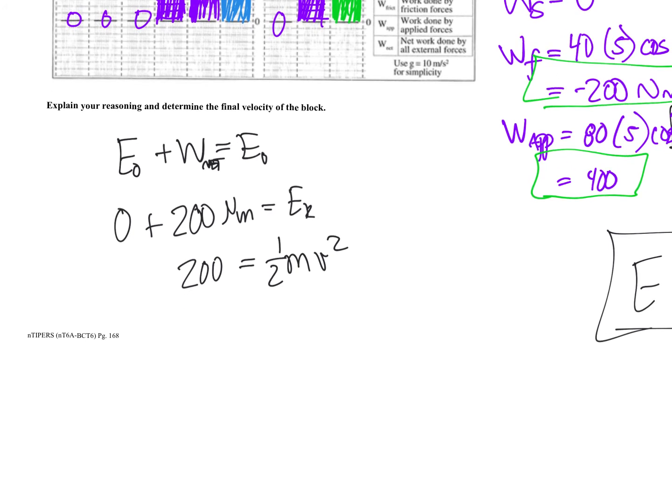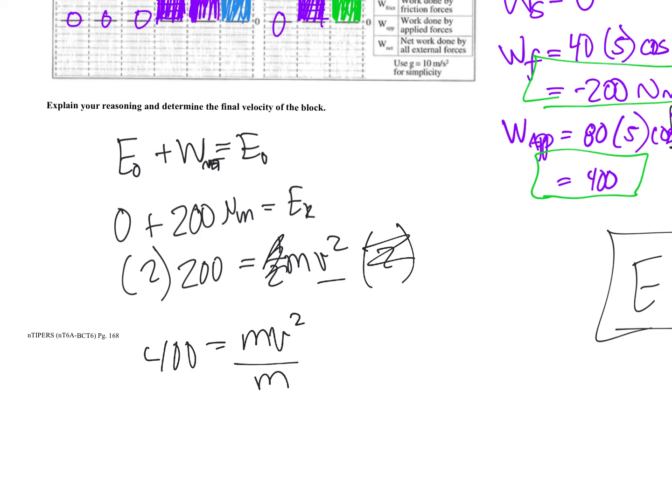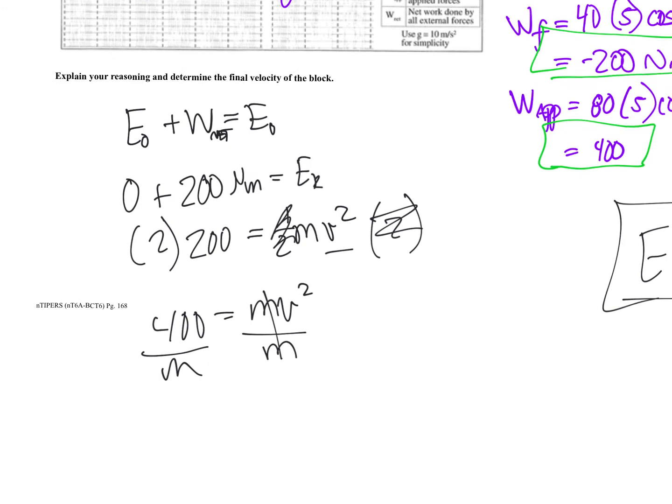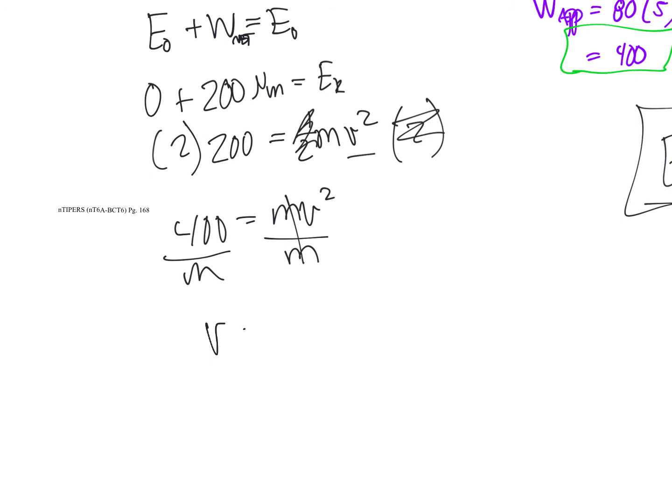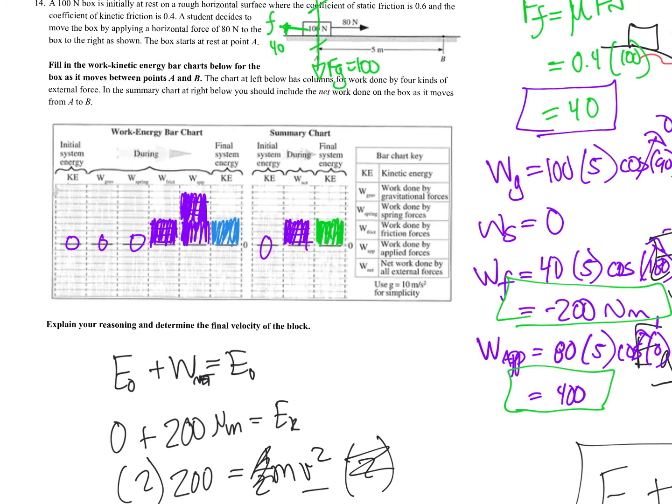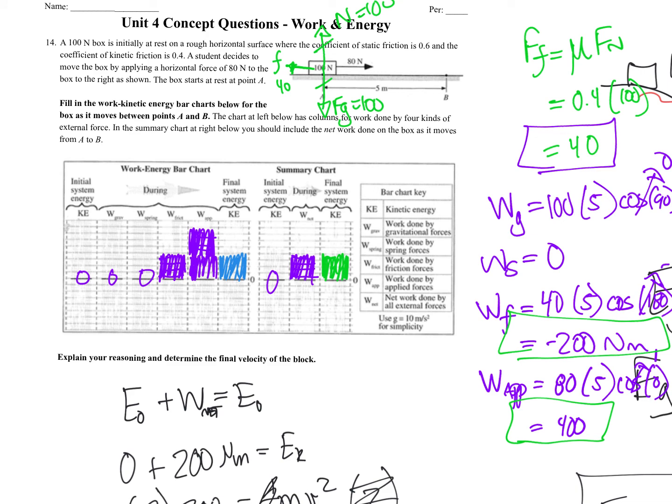I'm going to solve for v first, so I'm going to multiply each side by 2. It's going to get rid of my 1/2, and I get 400 equals mv squared. I'm then going to divide by m on both sides, and I get velocity equals the square root of 400 divided by mass. In this case, my mass is 10.